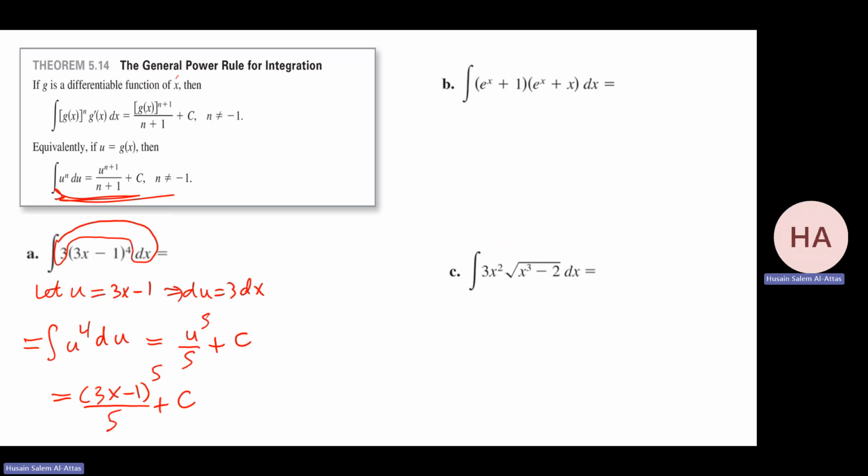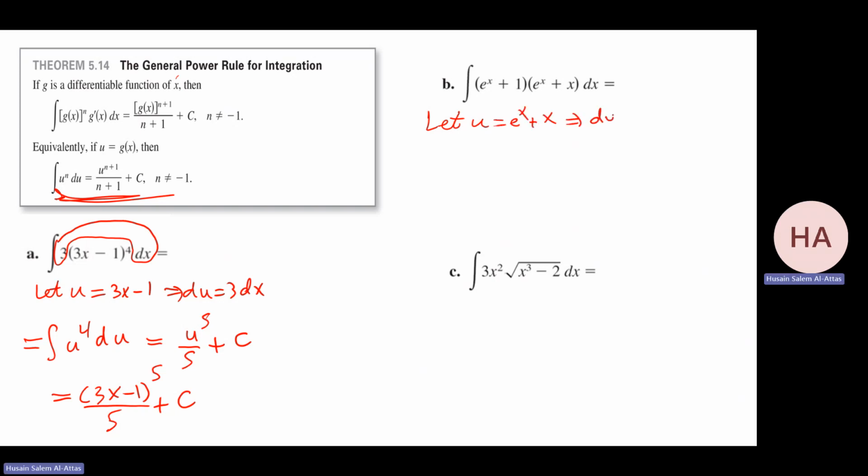Okay, same thing here. That will be my u, because its derivative is this one. If I took it the other way, if I took this as u, this is not its derivative, so I would be stuck. So I let u equal e to the x plus x.